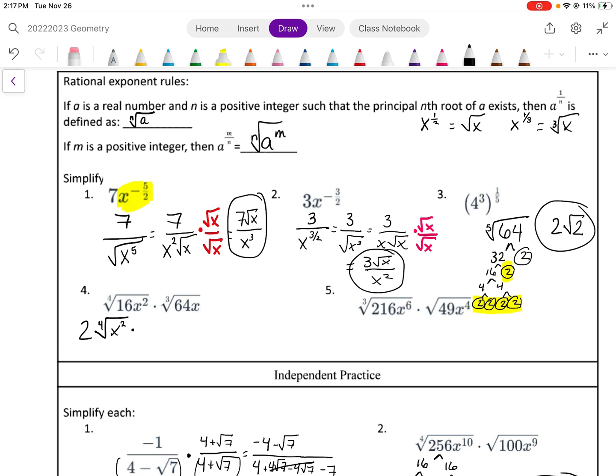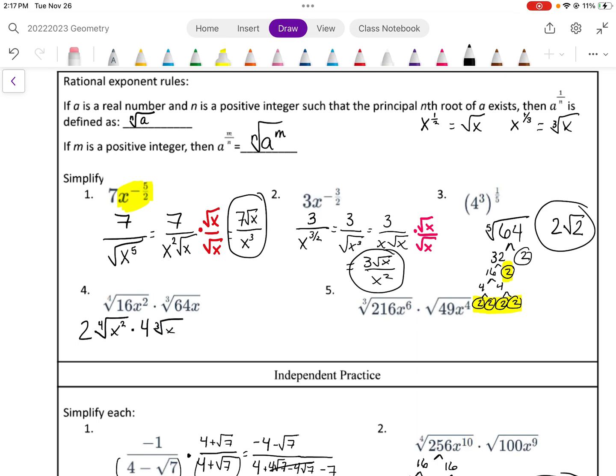And then I can actually take the cube root of 64 as well, which I believe is 6. No, that's not right. 4. I knew that. 4.